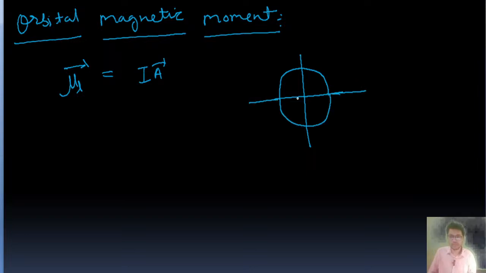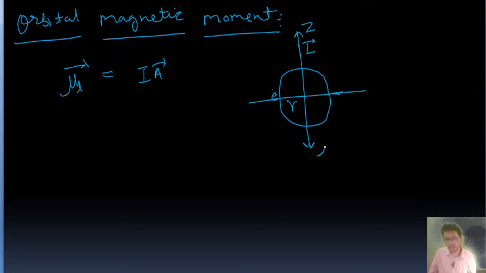This is the orbit of radius r, and the electron is moving in it. This is the z axis, and along the z axis is the direction of angular momentum, which is downward, in the negative z axis.